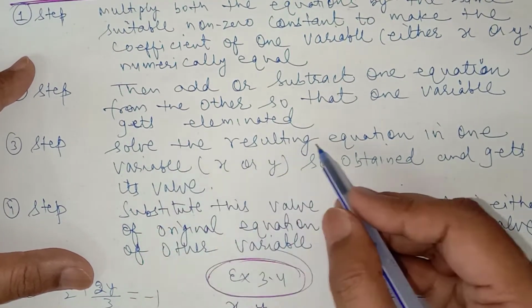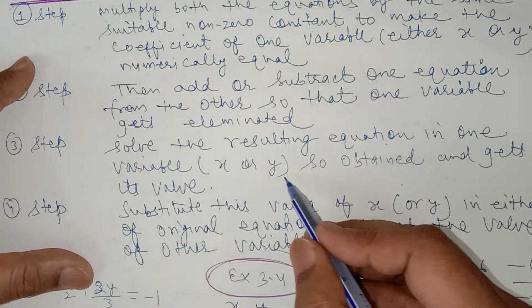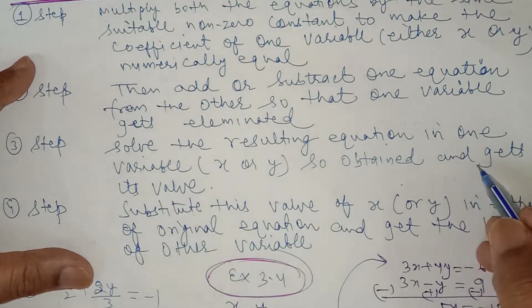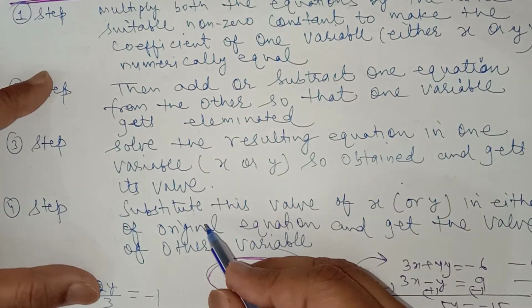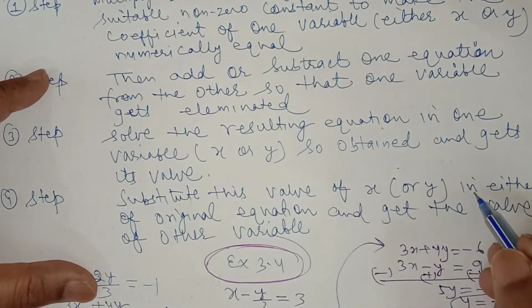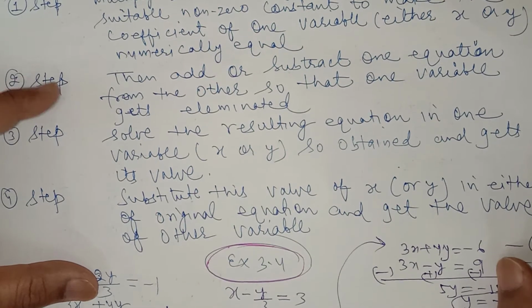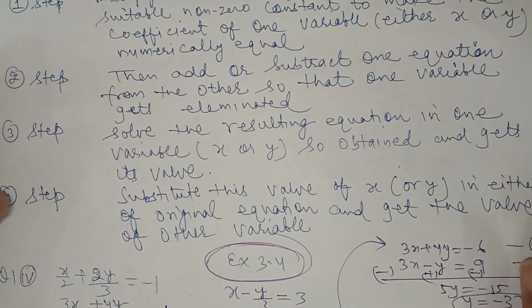Now solve the resulting equation in one variable, x or y, so that you obtain its value. Now you substitute that value in either equation, any one of the equations, to get the other variable. Now this exercise 3.4 is based on this elimination method.